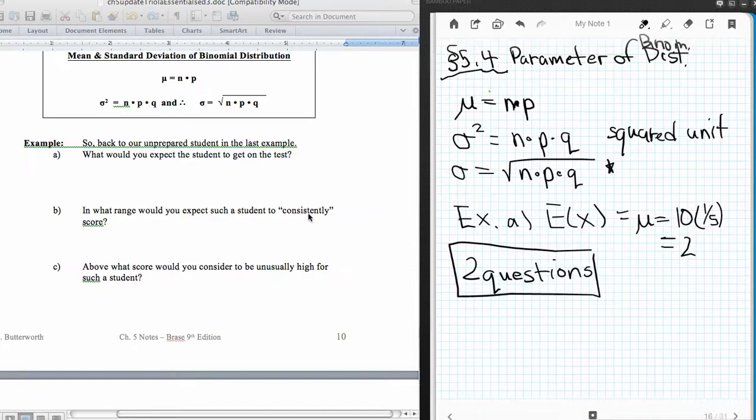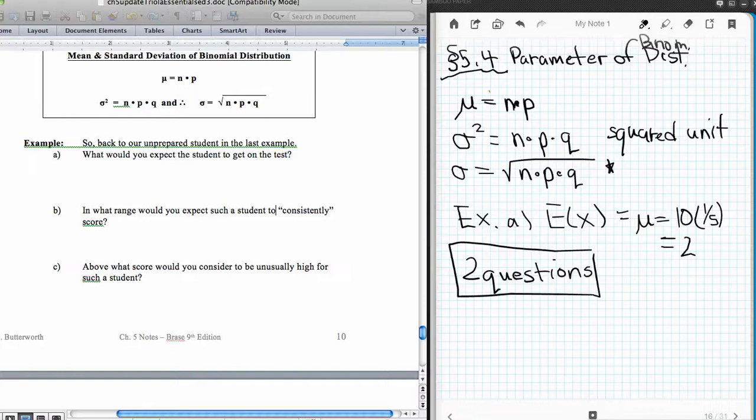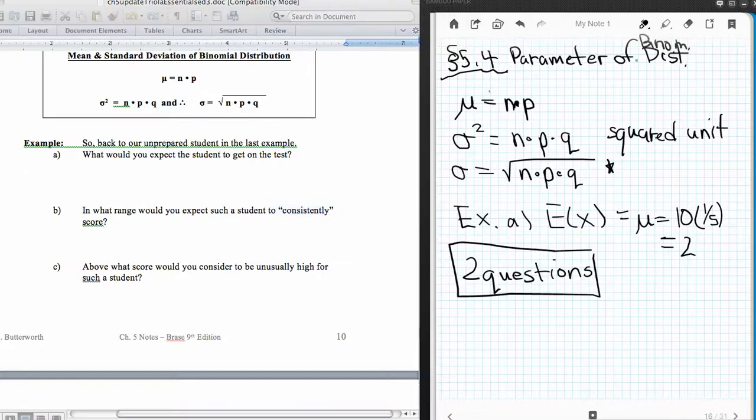All right, now looking at the next one, this word Triola was really fond of in all of his editions up until edition 4 was "consistently." Consistently was used in order to say one standard deviation. So what range would you expect the student to be within one standard deviation? And I'm just going to write it that way. And in 5th edition, he's not using that word consistently.